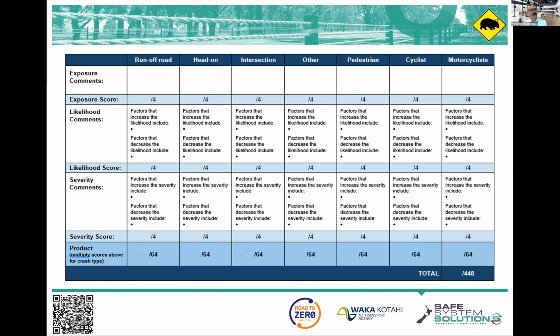But you can see there that they want you to put in lots of factors that influence the likelihood of crashes, that increase the likelihood of crashes, that decrease the likelihood of crashes, factors that increase the severity of crashes, decrease the severity of crashes. Okay, so you're going to fill lots and lots of dots out here for each of these.